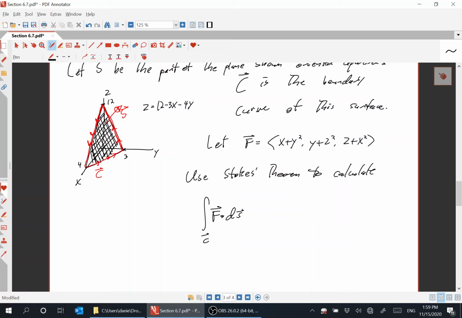Okay, so, one could calculate this. So one can't use Green's theorem here because this is not in the xy plane. One actually needs the full generality of Stokes' theorem. Now, of course, we could calculate this just using the definition of the line integral.